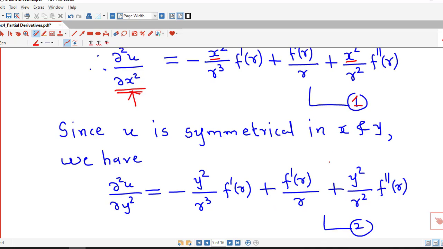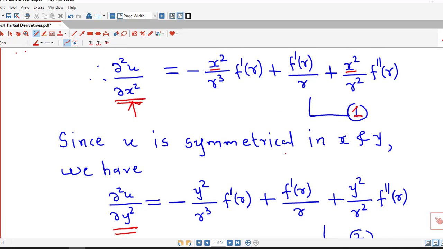Now we add equations 1 and 2. So the left hand side will be del square u by del x square plus del square u by del y square. And in equations 1 and 2, we can first add these two. So that will be 2 times f dash r by r. In this, we can write f dash r by r cube common.